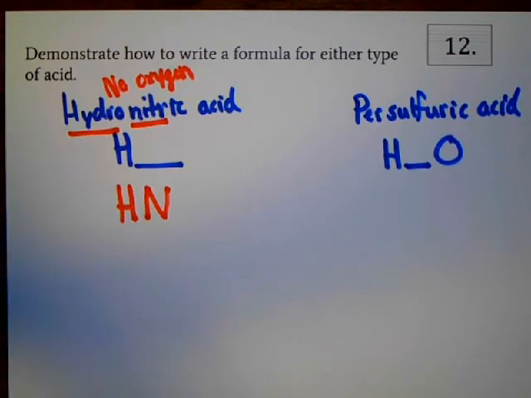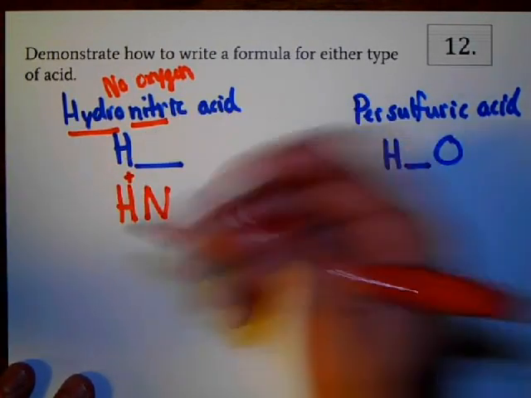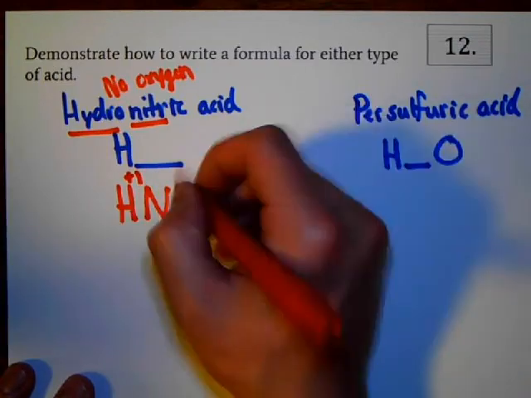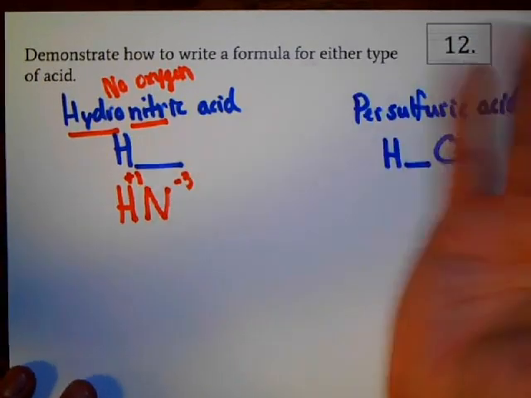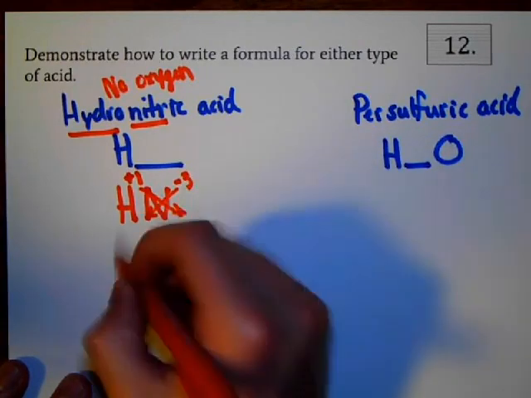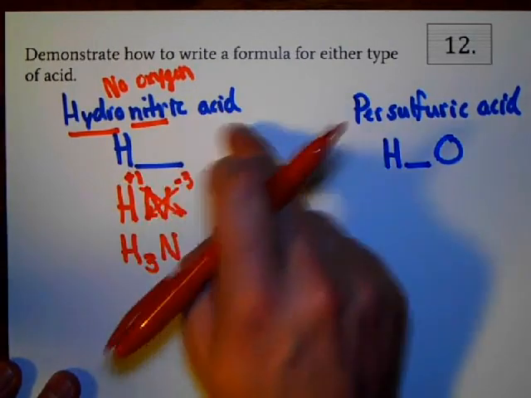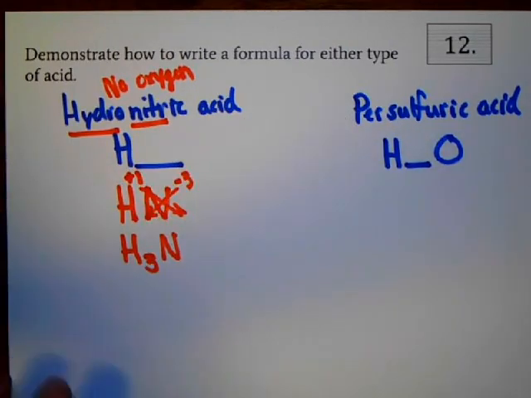Sweet. Now the question is, where do the numbers come from? Well, we still have to do the crisscrossing of charges because these are ions. Hydrogen has a +1 charge, nitrogen on your periodic table has a -3 charge. We still have to crisscross. That 3 goes down there, that 1 goes over there, and we're at H3N. Hydronitric acid. Hydrogen, no oxygen, H3N.